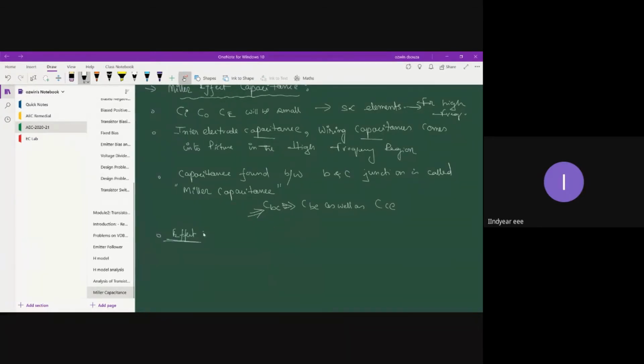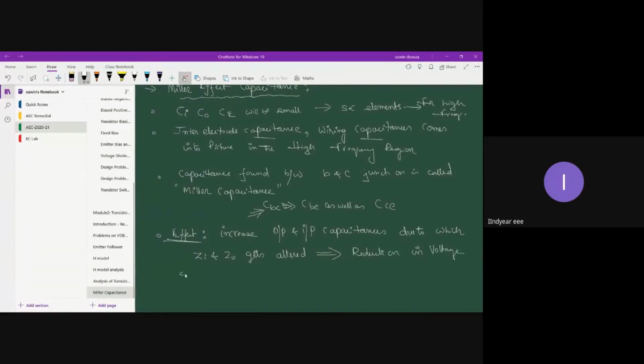So what is the effect of this Miller capacitance? The effect is that it will increase the output and input capacitances, due to which Zi and Zo get altered, and the end effect would be a reduction in voltage gain.